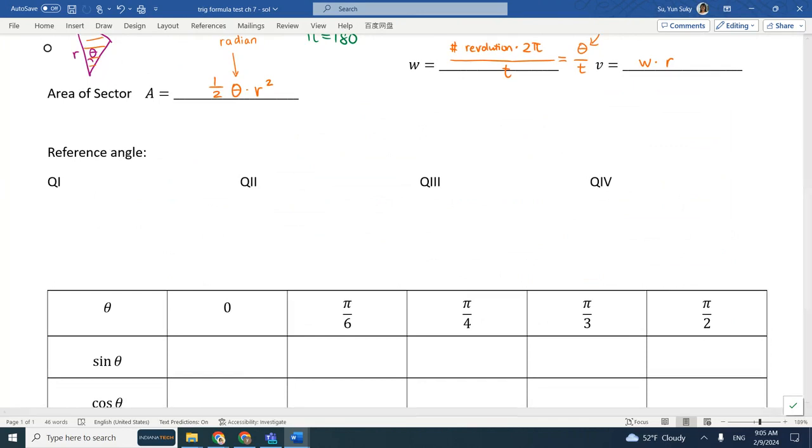So please read the problem carefully. Because in some problems, if I say round your answer to 3 decimal places, it means you can use your calculator. There are some problems that say please find the exact value; for exact value, you're not supposed to use your calculator. Is that clear, everybody?